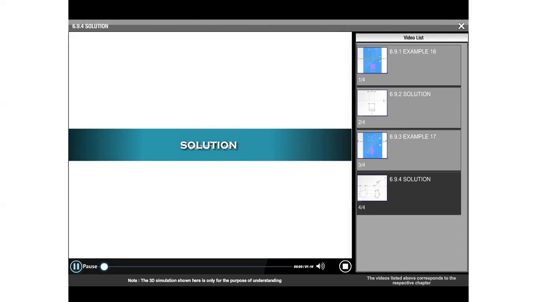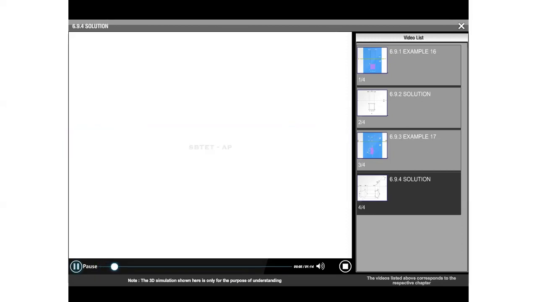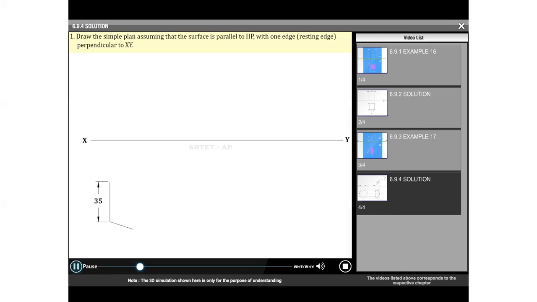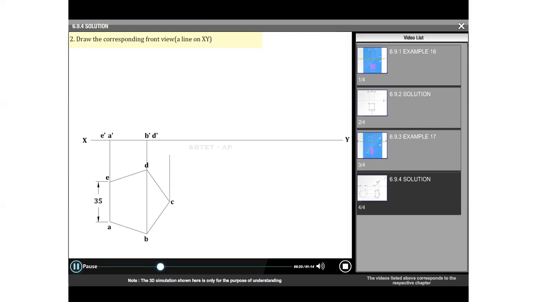Solution to example problem 17. Draw the simple plan assuming that the surface is parallel to HP with one edge perpendicular to XY. Draw the corresponding front view, which is a line on XY. Tilt the front view to the required angle with one edge E'(A') on XY.